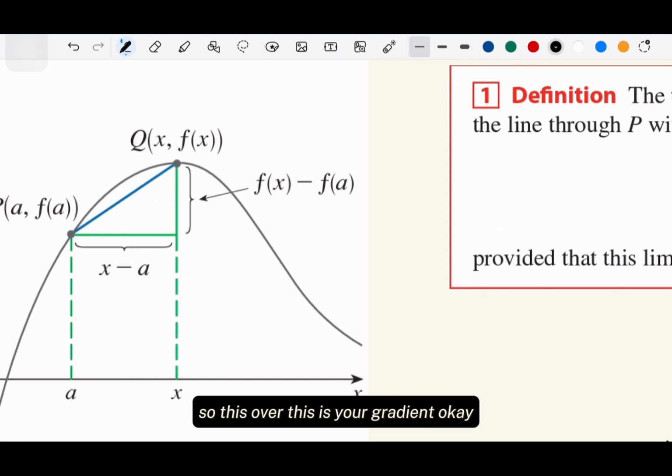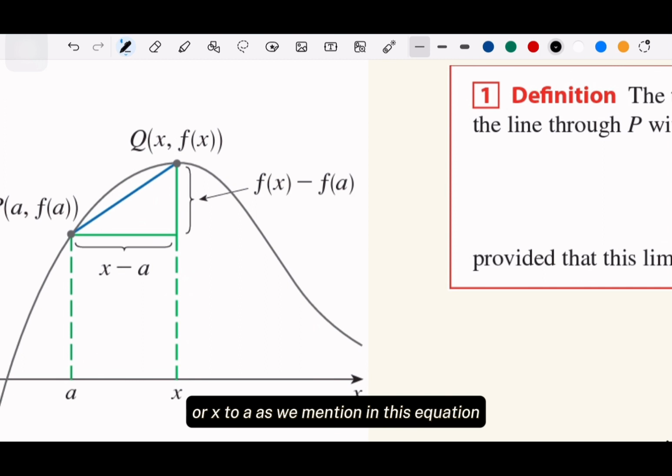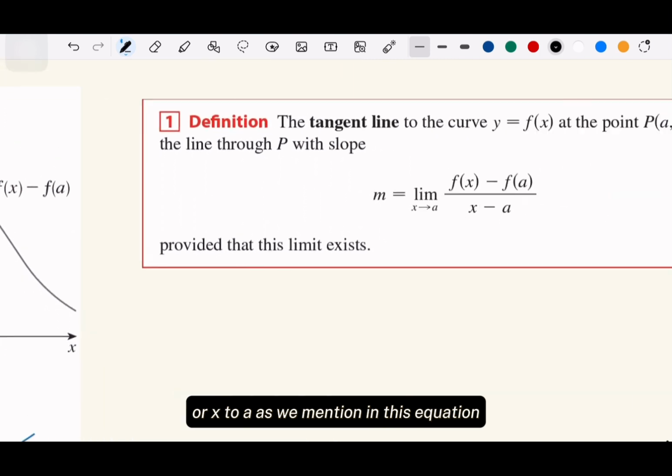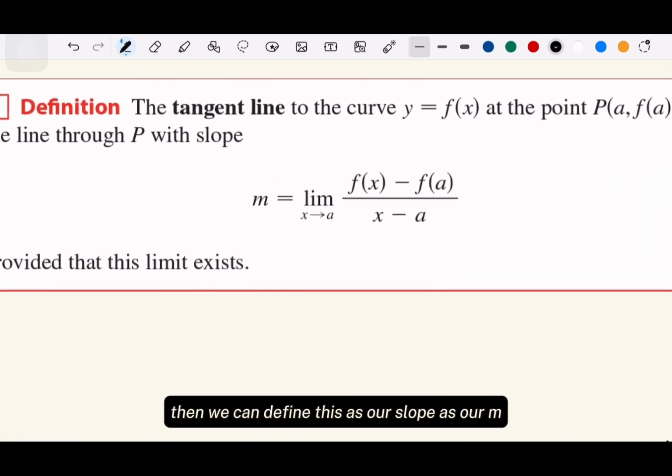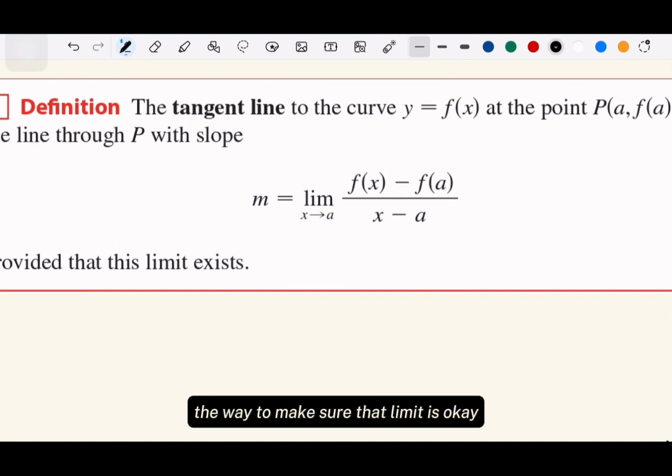So this over this is your gradient. Using limit as a concept to approach this Q to P, or x to a, then we can define this as our slope, our m. But we need to make sure that the limit exists, so this is provided that the limit exists.